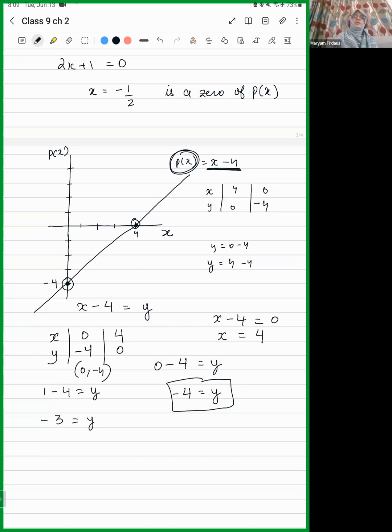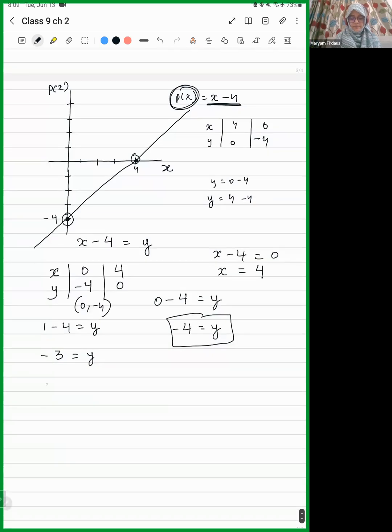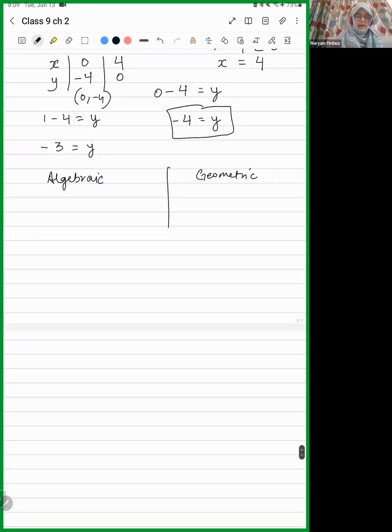Now, the zero of a polynomial, there are two ways in which we can see a zero of a polynomial. One way is the algebraic way, and the other is a geometric way of understanding the zero of a polynomial. Algebraically, what does zero of a polynomial mean? Let's say I have some polynomial, x cube minus 2x squared plus 1.